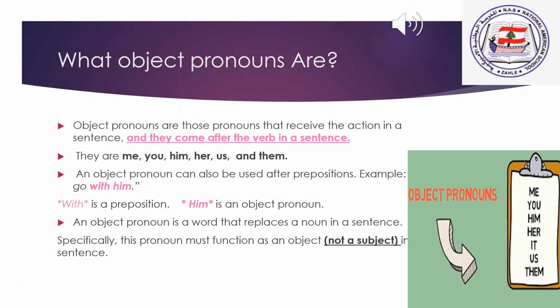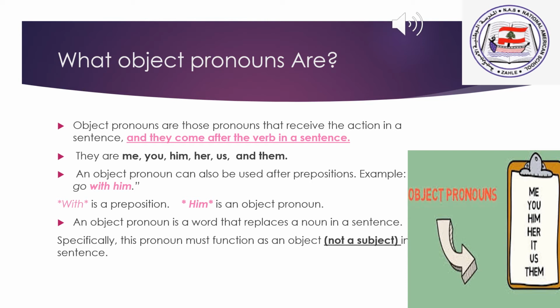Now that you know what subject pronouns are, let's go ahead and take a look at what are object pronouns. Object pronouns are those pronouns that receive the action in a sentence and they come after the verb in a sentence. Object pronouns are me, you, him, her, us, and them.